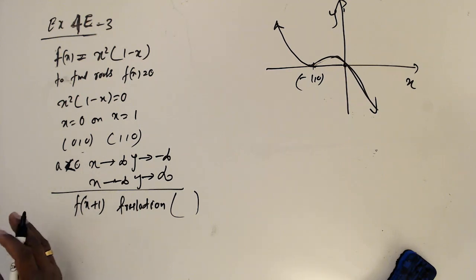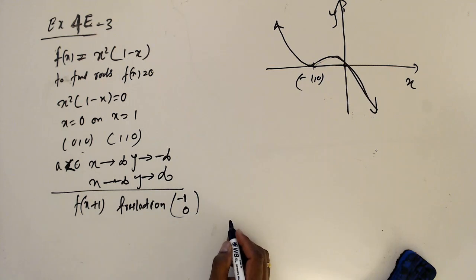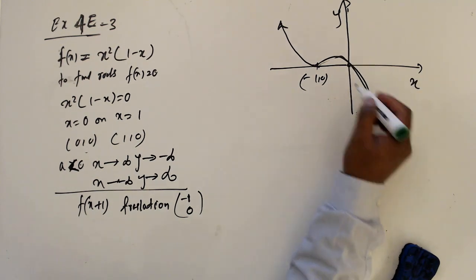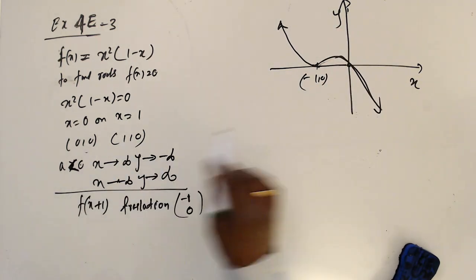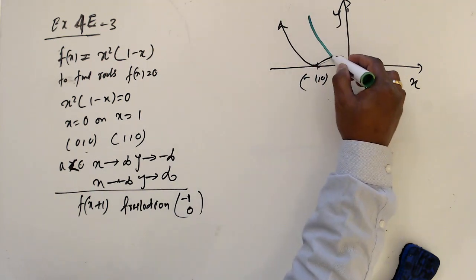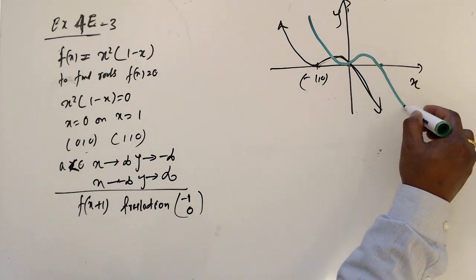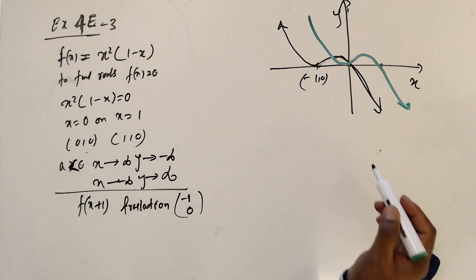It means it becomes minus 1, x value minus 1, 0. This is the translated graph. The original graph is going through 0, 0 and 1, 0. So it is here, like this.